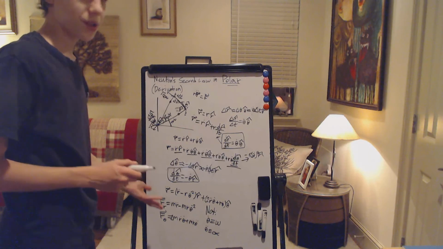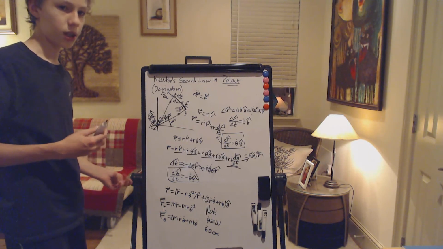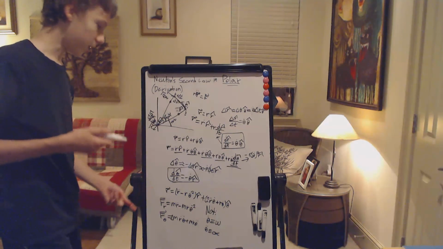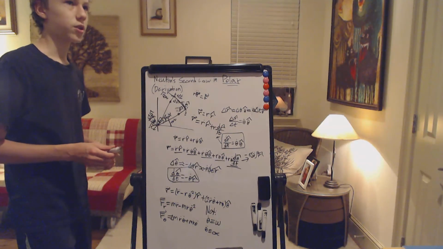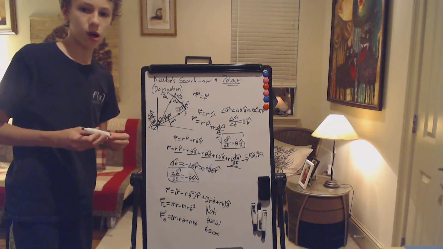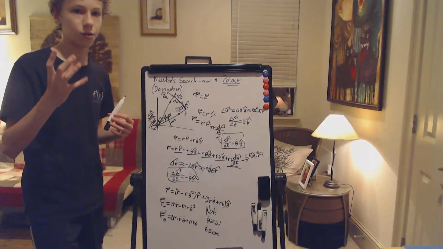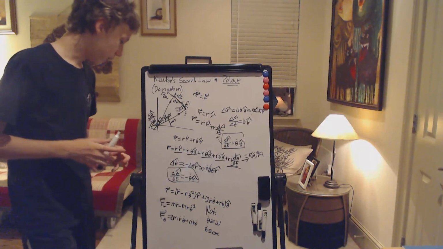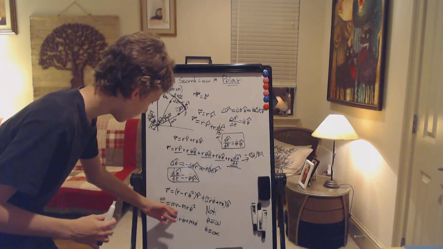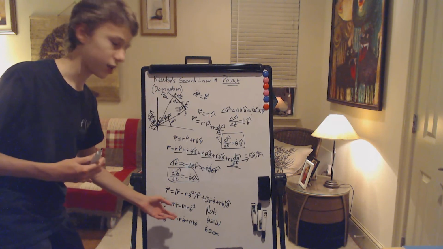And if you think this looks ugly, there is a simpler way to simplify this in certain problems. For example, if you have a swinging pendulum, that's a common problem where the r vector will be constant. So if the r vector is constant, the two derivatives of r are exactly going to be 0.